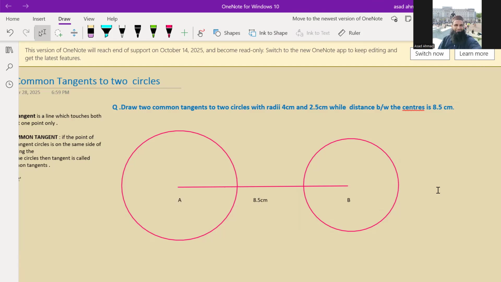Those will be dotted circles, but I can't draw dotted circles in this software, so I will use two different colors for the next two circles. Remember that the actual circles are red in this diagram. Now we will learn how to draw two more circles, because we need points of contact for the common tangents.